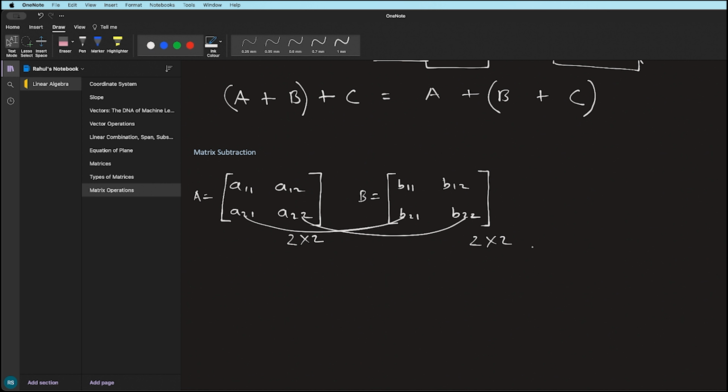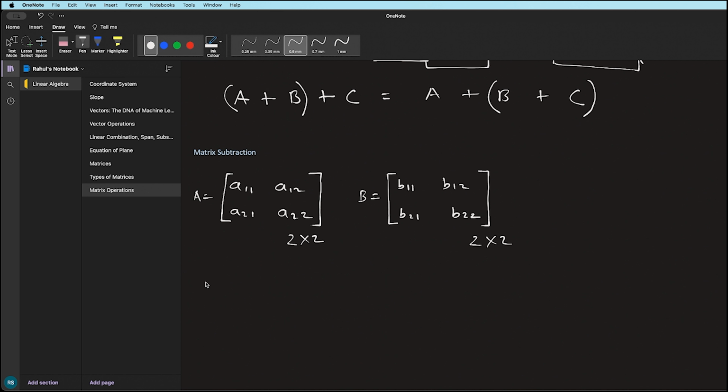Now, in order to perform the matrix subtraction, you need to subtract each element of matrix B from the corresponding elements of matrix A. Let me write it so you can understand it well.